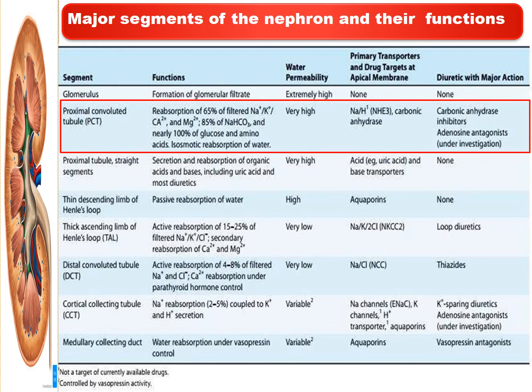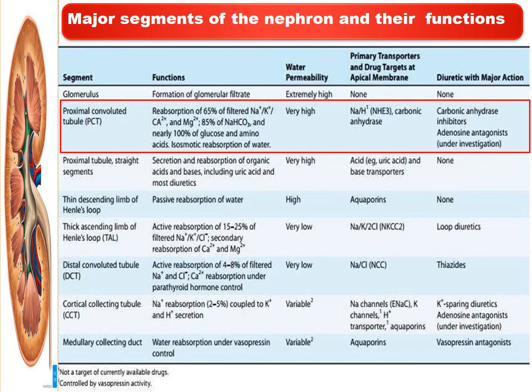With this, 85% of NaHCO3 and nearly 100% of the glucose and amino acids are reabsorbed, and isoosmotic reabsorption of water takes place. The permeability of water at this site is very high, and the transporter and drug target at its apical membrane is carbonic anhydrase.